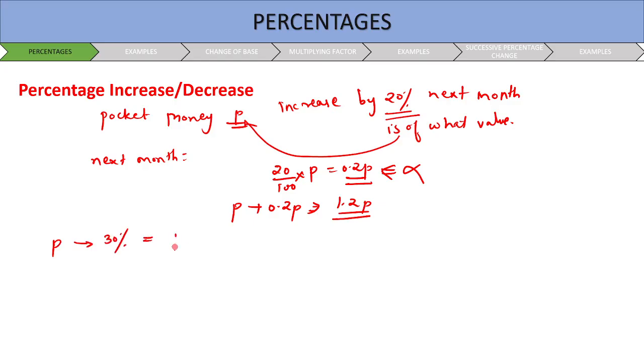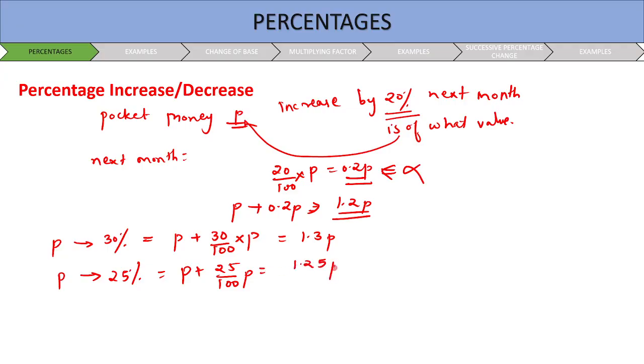So then the final value will be P plus 30 percentage of P. So it will be 1.3 of P. Similarly, if your pocket money was P, and it is increasing now by 25 percentage, it will be P plus 25 by 100 of P. So it is 1.25 of P.